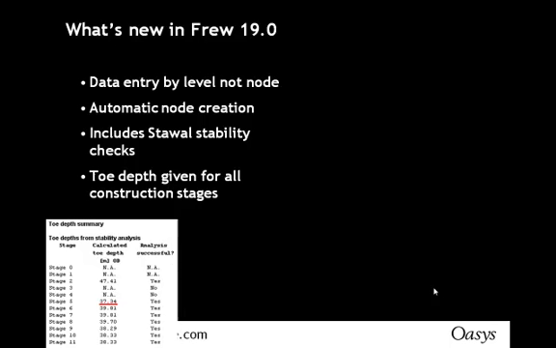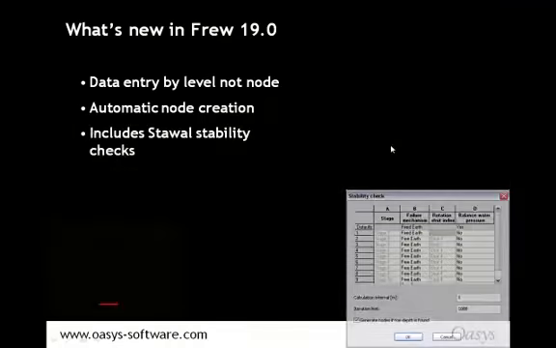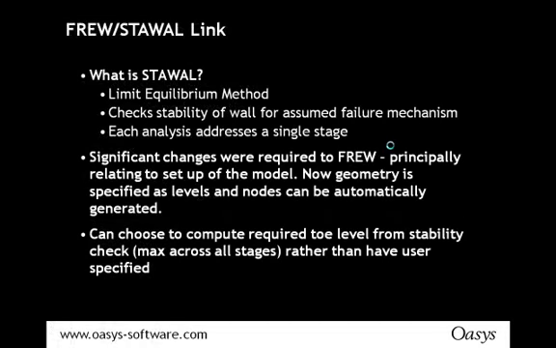As you can see in this specific picture on your left hand side, we've got a number of different toe depths calculated for different stages, and I've just highlighted the critical toe depth for this problem, which is 37.34. So that is the toe depth that will be taken. If you go up here, you can see that the toe depth taken here is 37.34. And you can even override that toe depth, and I'll discuss that in more detail soon.